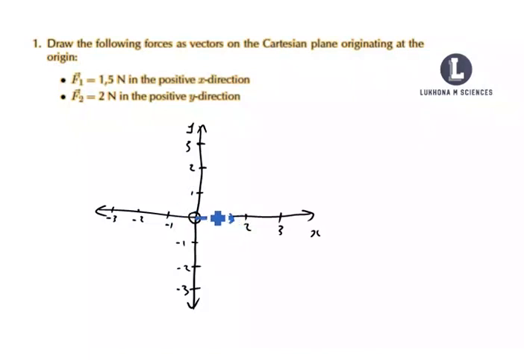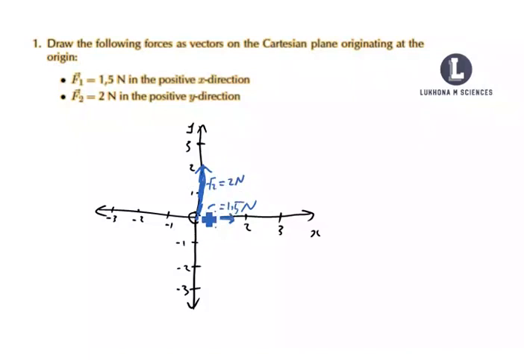So this force is force 1, which is equal to 1,5 newtons. Then we have force number 2, which is 2 newtons in the positive y-axis. 2 newtons, 1, 2 on the positive axis. There is an arrow that represents the vector, the direction. So it's force 2, which is equal to 2 newtons.